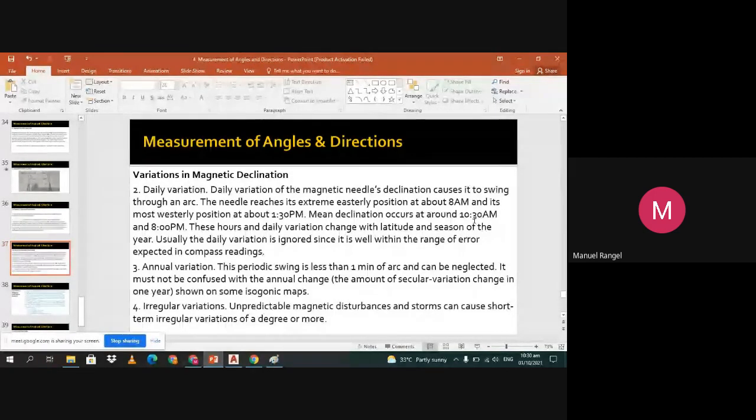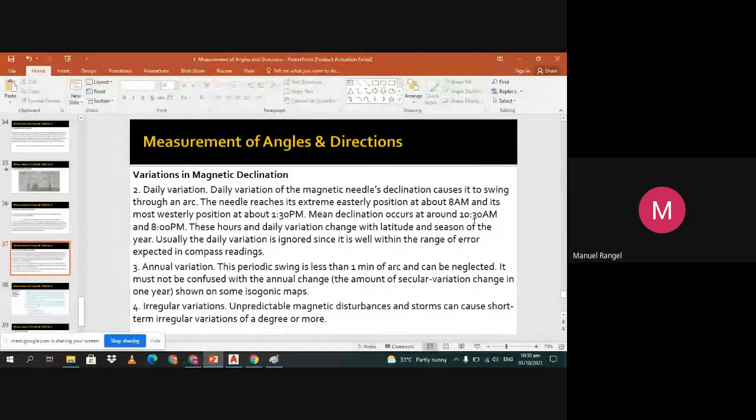So abot na sa hapon from 1:30, mag-decline na siya going to the west. So mean declination occurs at around 10:30 a.m. and 8 p.m. So these hours of daily variation change with latitude and season of the year. So usually, the daily variation is ignored since it's well within the range of error expected in compass readings.